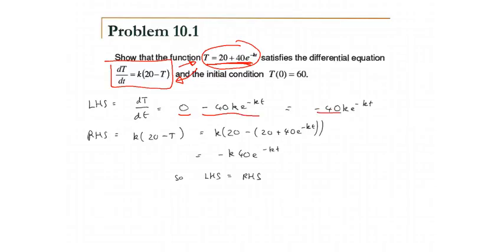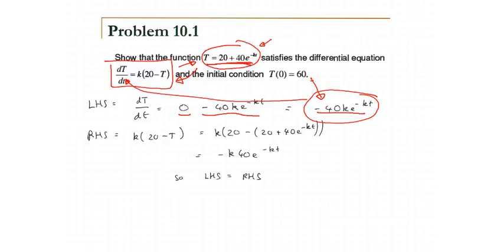So that equation differentiated is going to lead to this expression, which tells me what the left hand side should be.